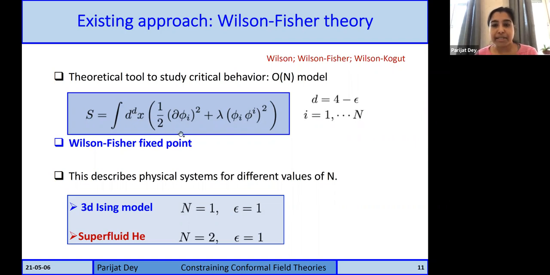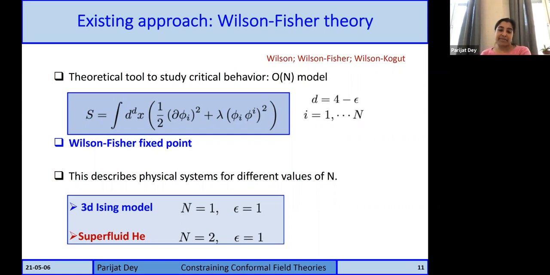This is the Wilson-Fisher theory for the O(N) model, where we have n scalar fields, phi_I, where I runs from 1 to n. And this is the phi⁴ interaction term written in an O(N) invariant way, and lambda is the coupling. For a particular value of this coupling lambda, we are at the Wilson-Fisher fixed point, or the critical point, for this system.